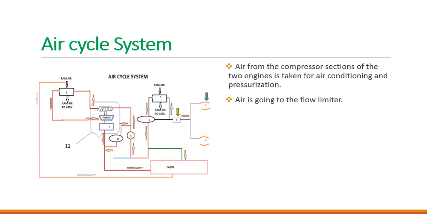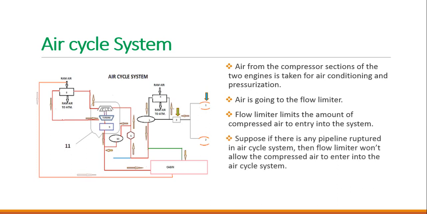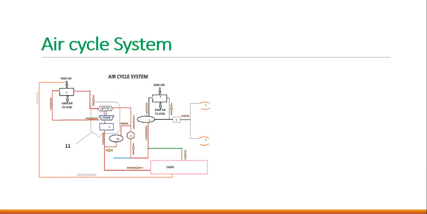The flow limiter limits the amount of compressed air entering the system, because only the amount that is needed will enter the system. It won't allow too much air inside, because the system doesn't need that much. Suppose there is a problem in the pipeline, then the flow limiter will limit the amount of air entering the system.